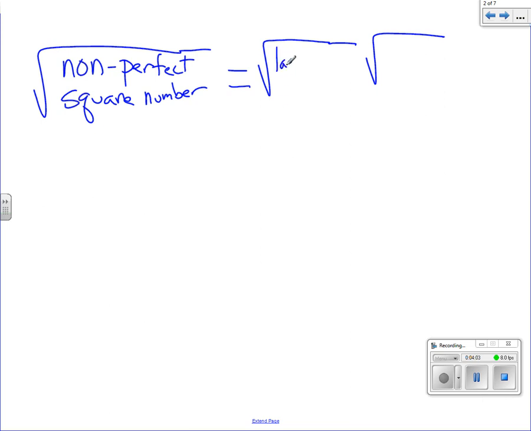Wow, that's a mouthful. The second box is going to be for the factor that remains. Or I'll just say remaining factor.